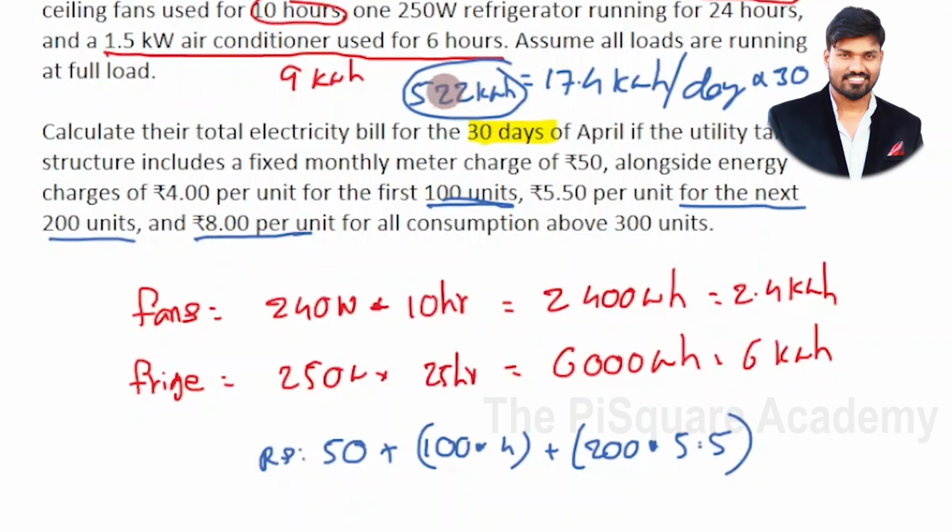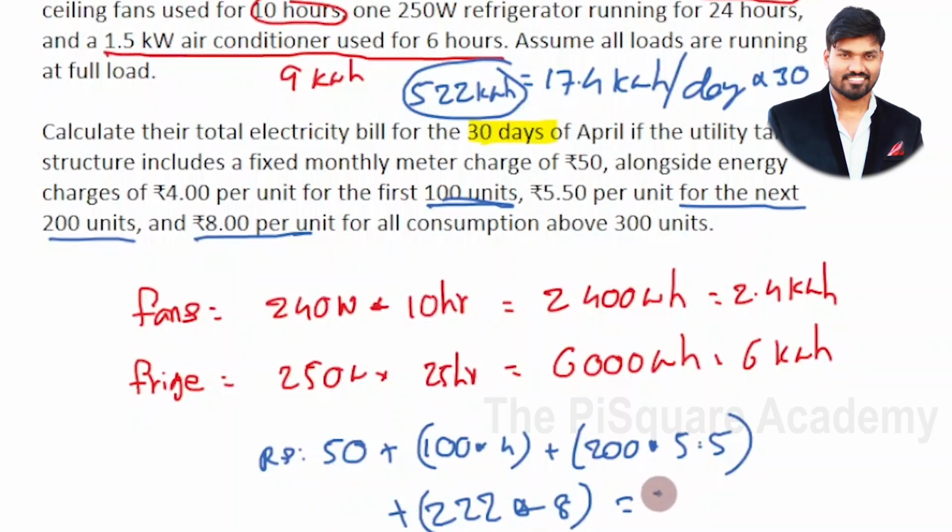Total 522, out of which 300 units are billed here, the rest are 222 units, and their price is 8 rupees. So this is the total price. I had done the math already.